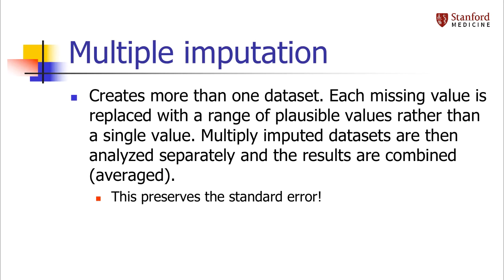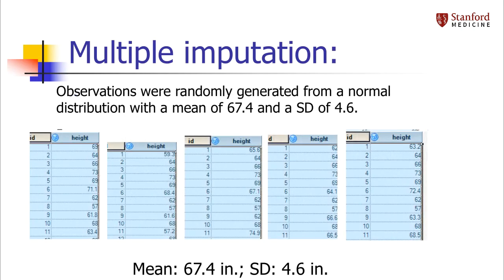So multiple imputation gets around this problem. In multiple imputation, you create multiple data sets, typically 5 or 10 data sets. Rather than just giving everyone a single height, you generate multiple heights for each person. This preserves the standard deviation. This is easier to illustrate with a picture.